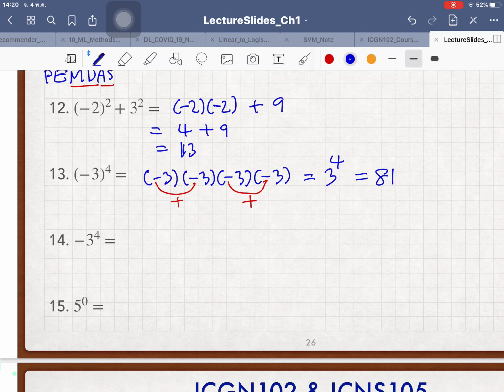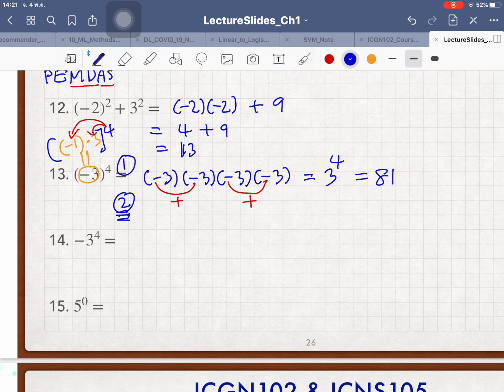Or you can do it in this way. This is the first method. Here's the second method. For the term of minus 3, it is the same as minus 1 multiplied with 3, and then you put the power 4. So it means that you can give this power to everything inside these parentheses.